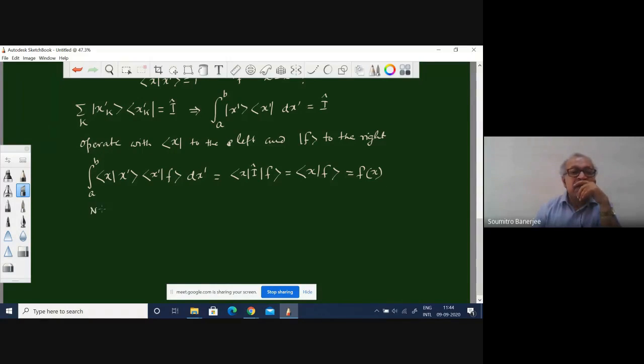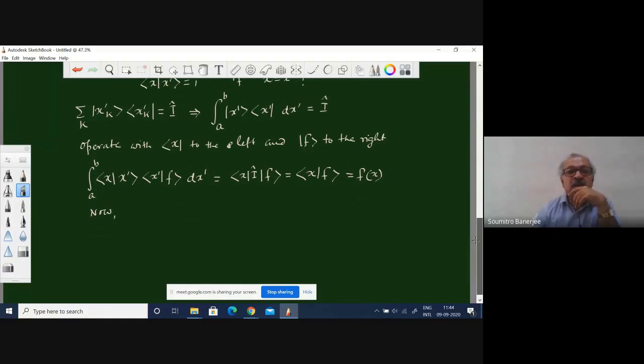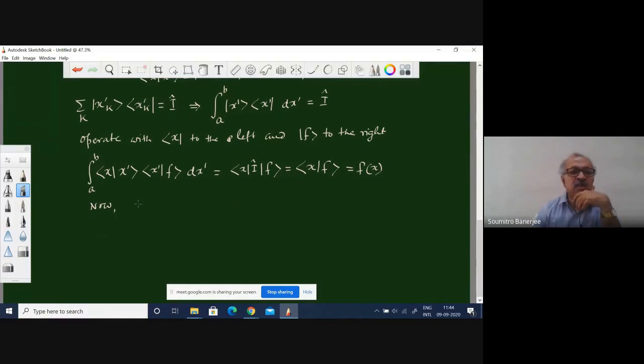Now we do not know what <x|x'> is. This is what we are trying to find out. Should that be 1? That's what our question was. So let us assume that to be some function.